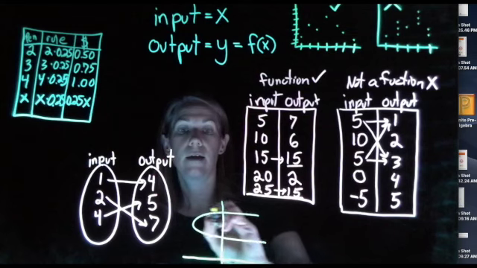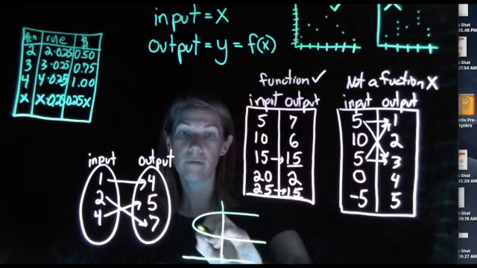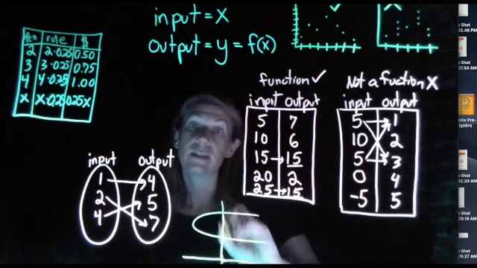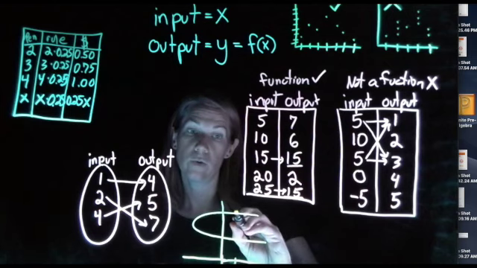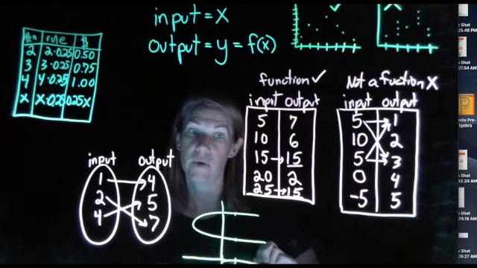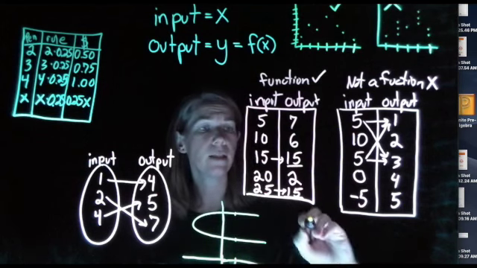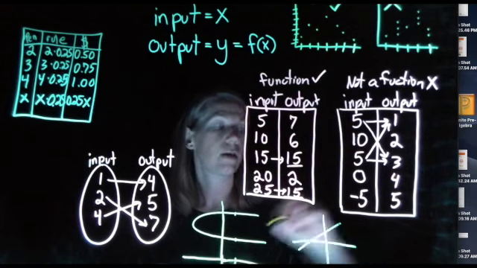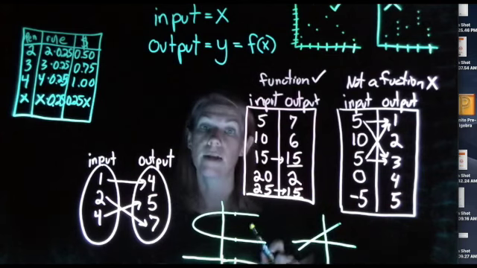Even though it looks really cool, and I can give you the equation for this curve, this is not a function, because for this input, I've got two possible outputs. But every line that you're going to come in contact with is a function, because for every input, there's only going to be one y value or one output.